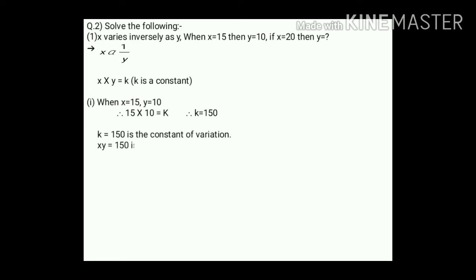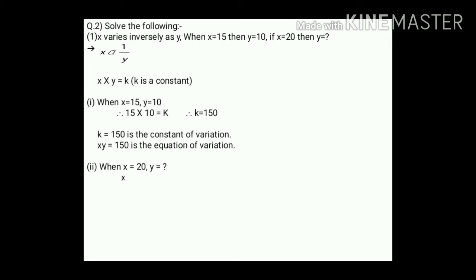X, y equal to 150 is the equation of variation. Now, children, in the second condition, x is given, children, 20 and y value is not given. Here we have to find the value of y. When x equal to 20, comma, y equal to question mark.